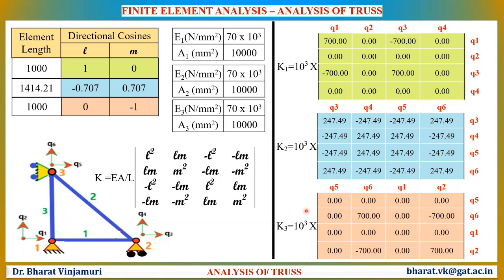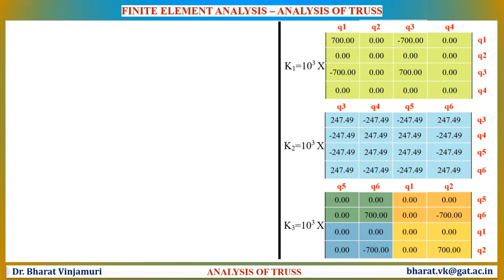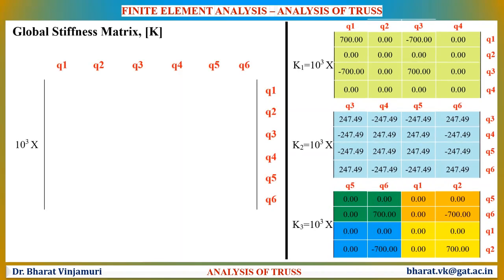Now we'll be using the same procedure which we have discussed a little earlier to assemble all these 3 individual element matrices to obtain overall global stiffness matrix. To begin with, the stiffness matrix K3 is divided into 4 parts, and we'll start filling these parts in these particular zones.